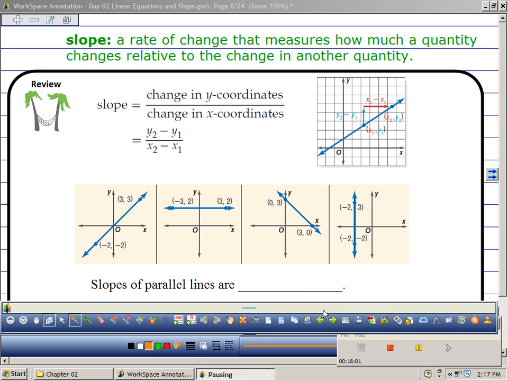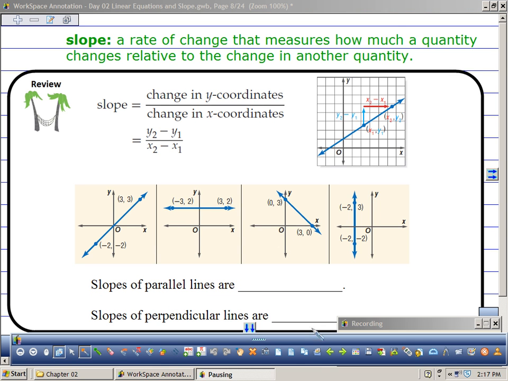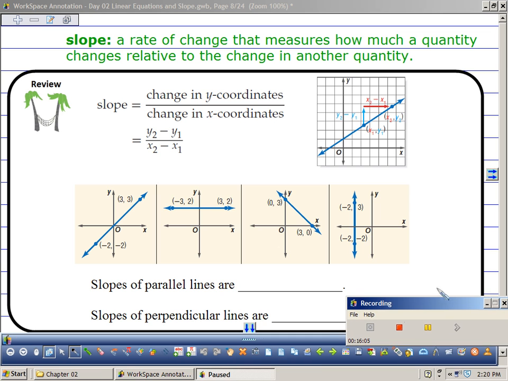Okay, let's move on to the next one. Let's talk about slope. Slope is a rate of change that measures how much a quantity changes relative to the change in another quantity. So we're talking about changes in one thing compared to changes in another. So slope is rise over run, right?